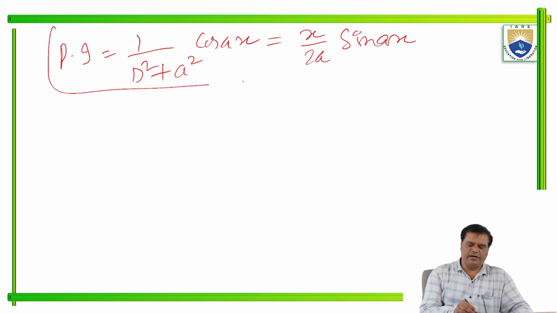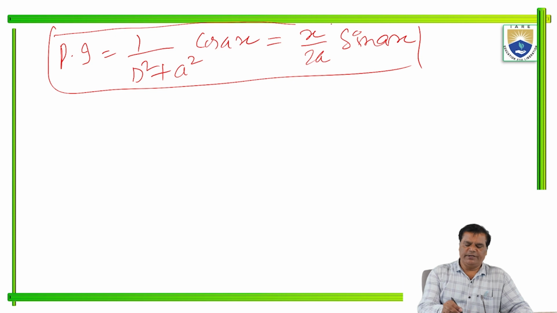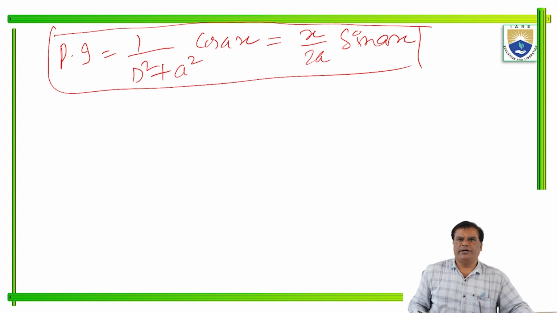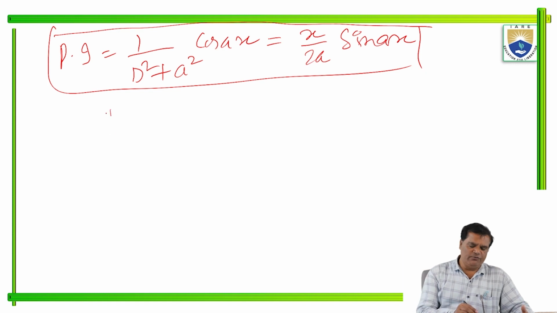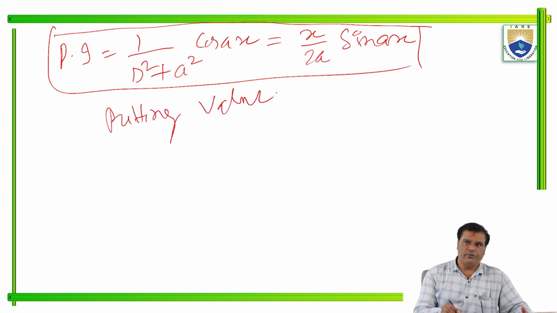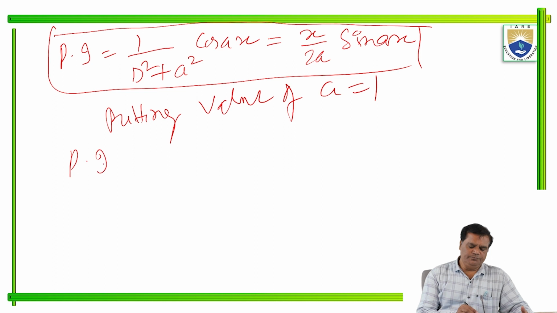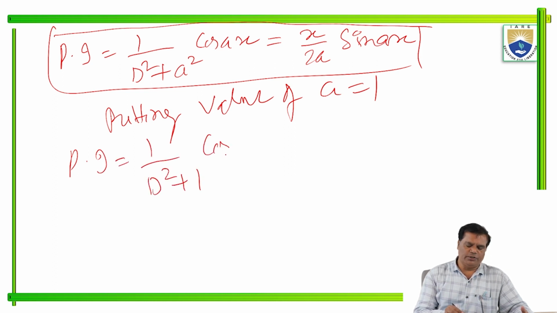I have proved this formula directly. We can use this formula in our question to find the particular integral, only putting the value of a. A is 1 here. So PI is equal to 1 upon D square plus 1 into cos x, which equals x upon 2 sin x. This is PI.